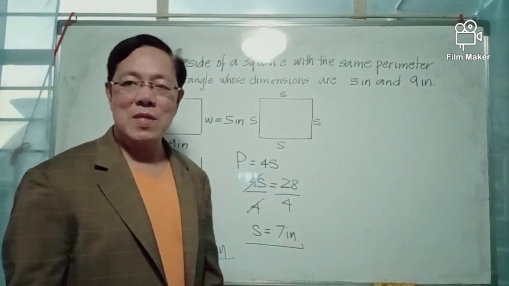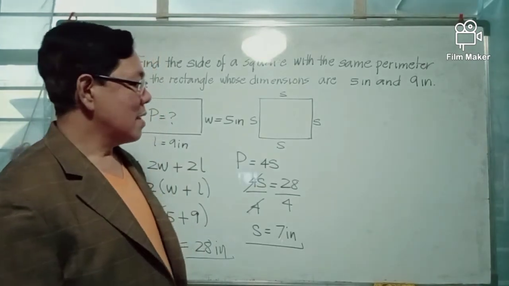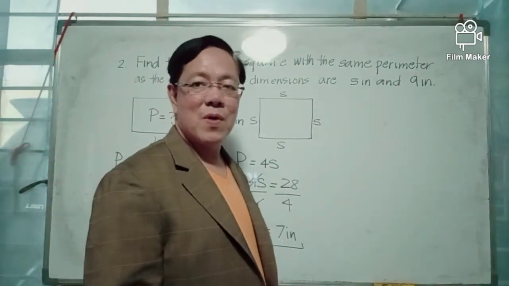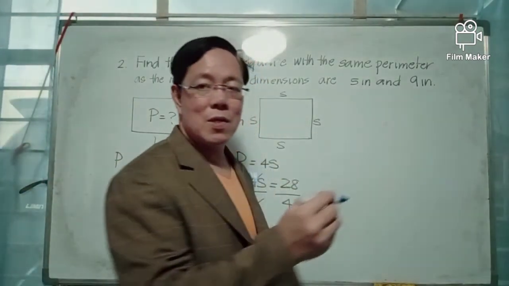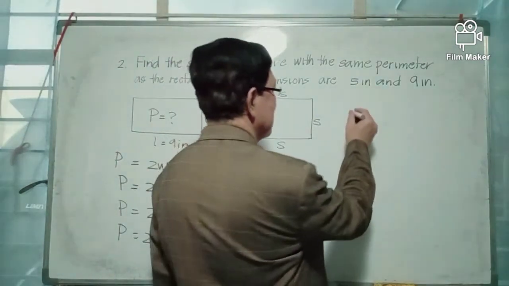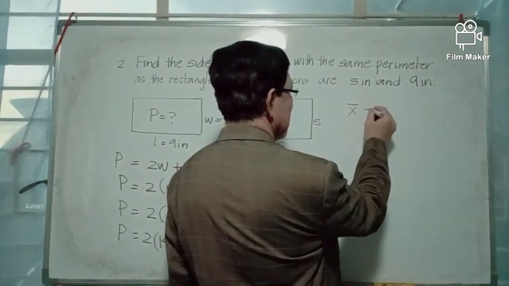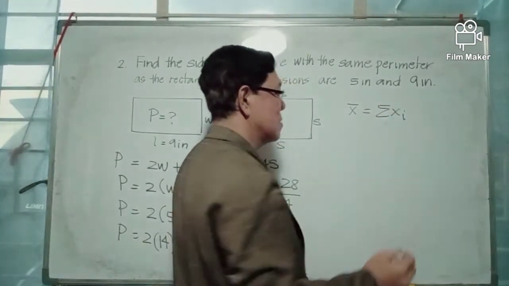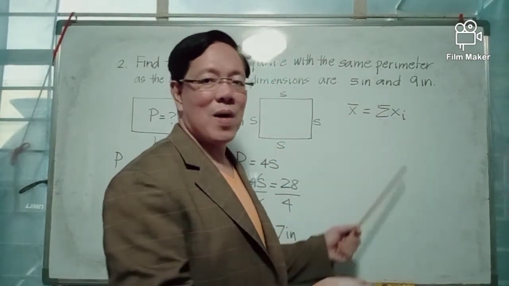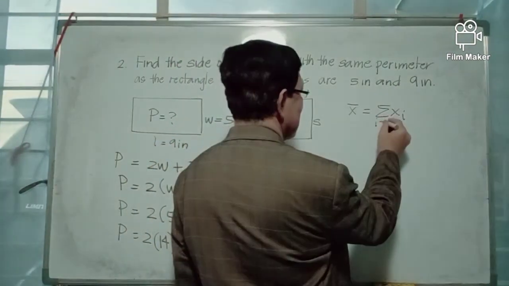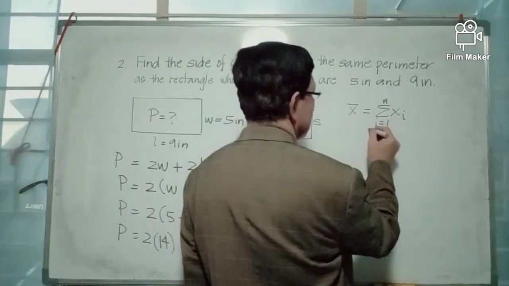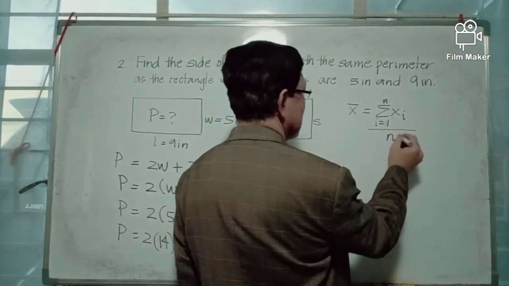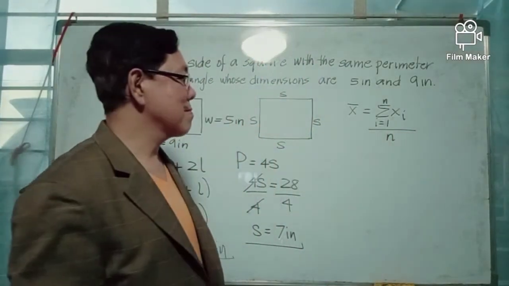by using mean. And the formula for mean, using the notation for sample mean, is x bar equals the summation of values. The values are denoted by x sub i, i is 1 to n, divided by the number of values added.